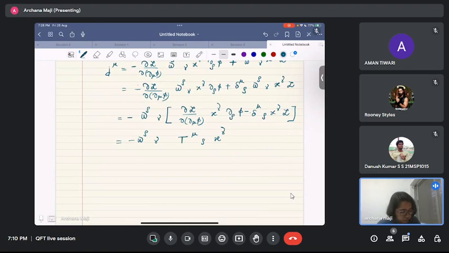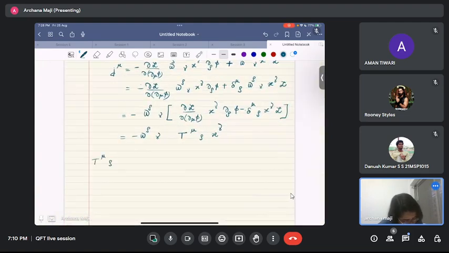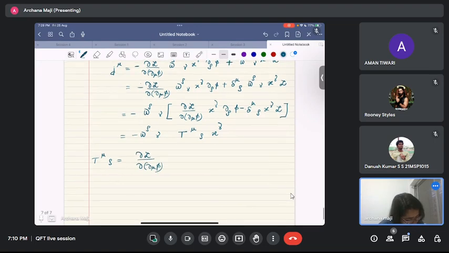You remember this is the energy momentum tensor that we obtained earlier. So T mu rho is nothing but the energy momentum tensor given by del L del mu phi del rho phi minus delta mu rho L.